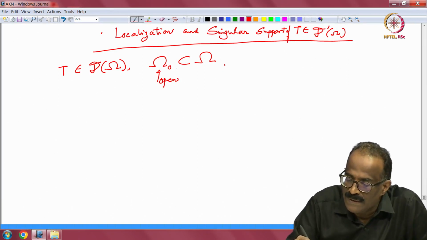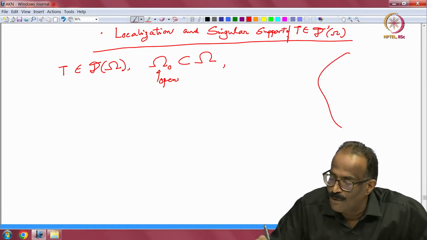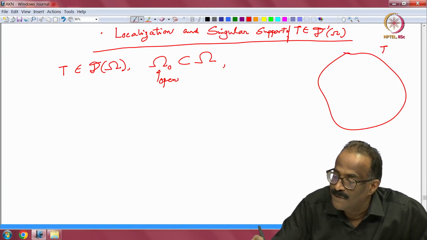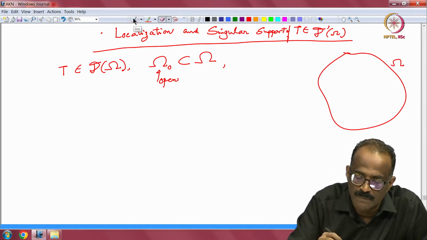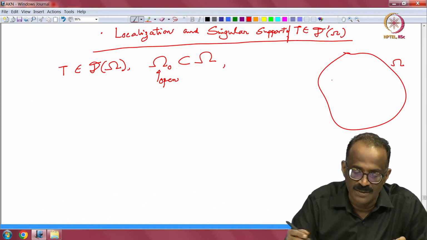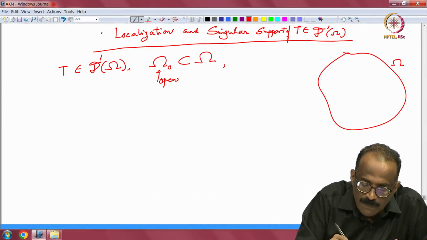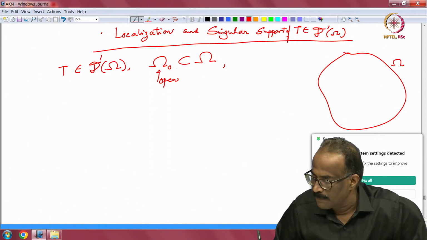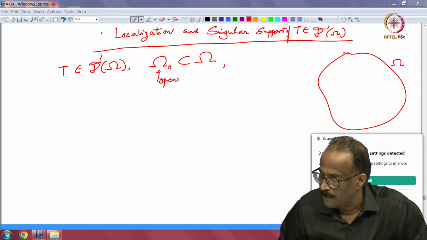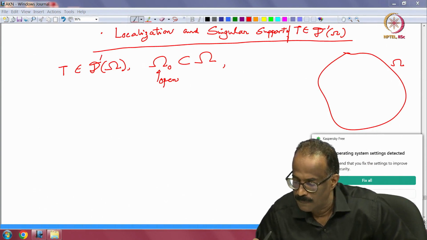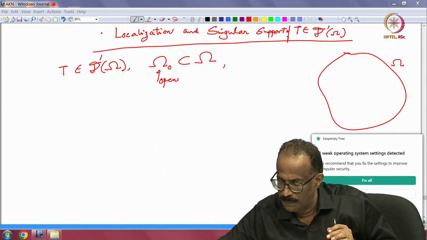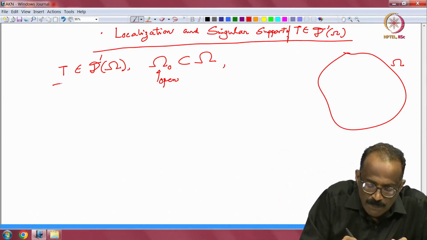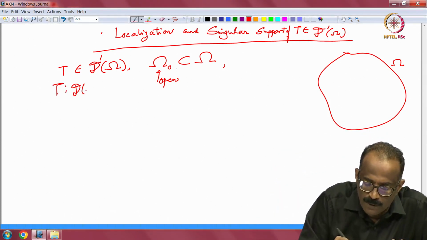So you have an omega, and T is defined in D omega, so that T is defined for all functions in D prime. So T is a mapping from D omega to R.